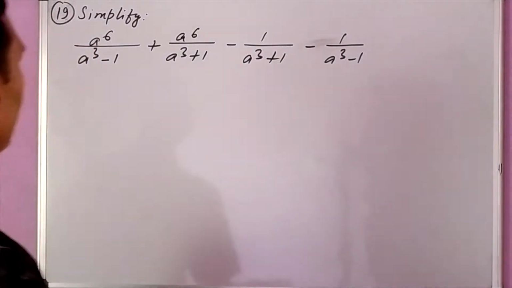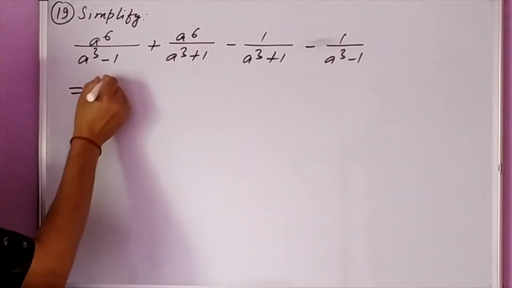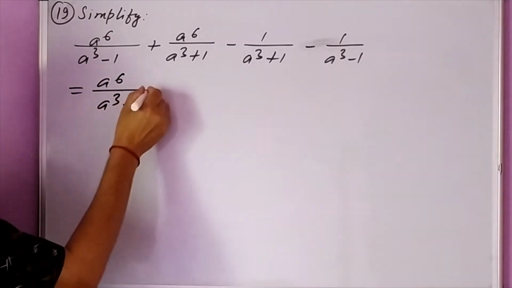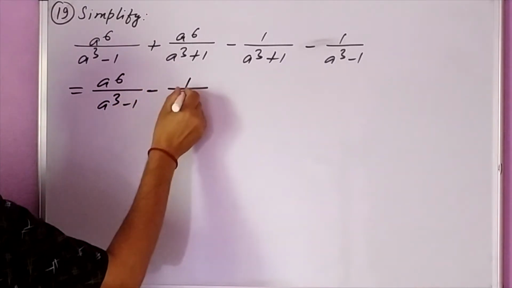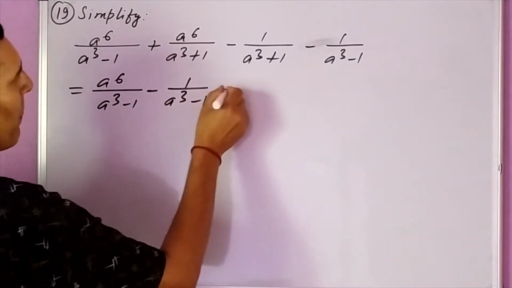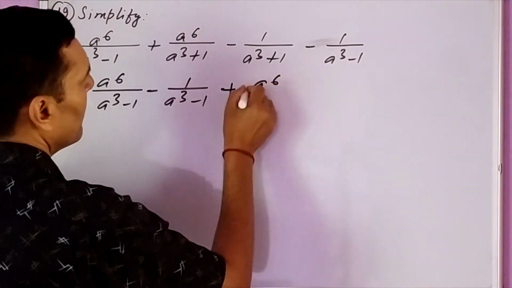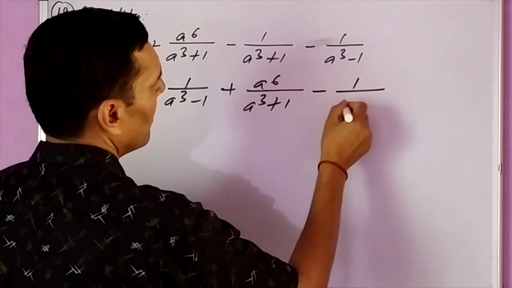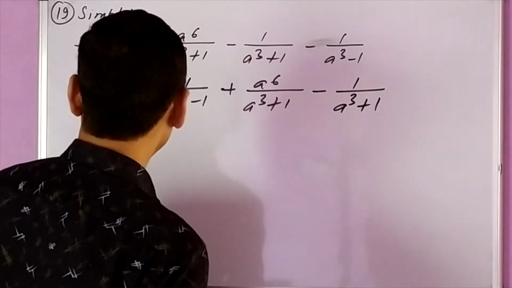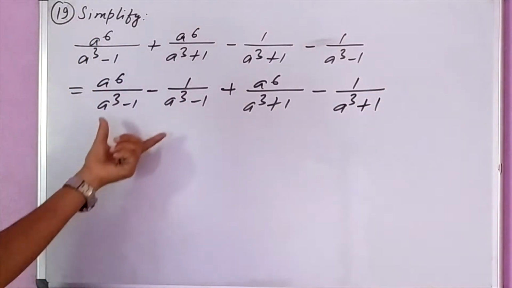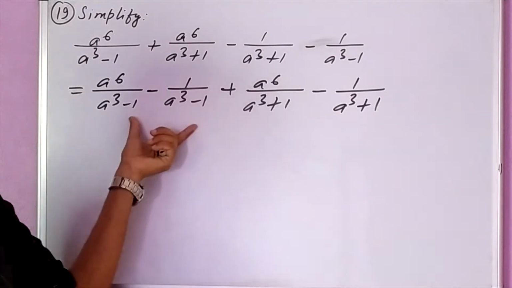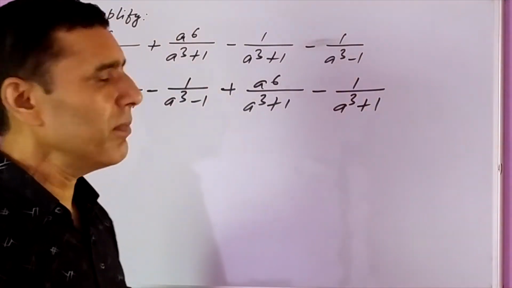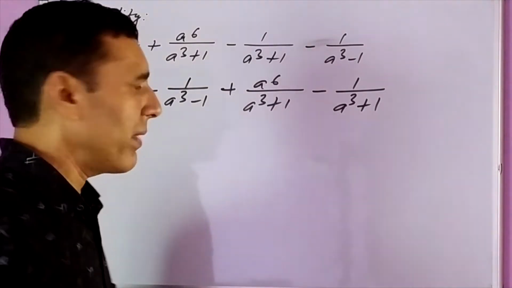So let's form the group here, arranging the terms: a^6 upon a^3 minus 1 minus 1 upon a^3 minus 1, plus a^6 upon a^3 plus 1 minus 1 upon a^3 plus 1. Now we make one group of the first and second term and another group of the third and fourth term, and we take the LCM separately.